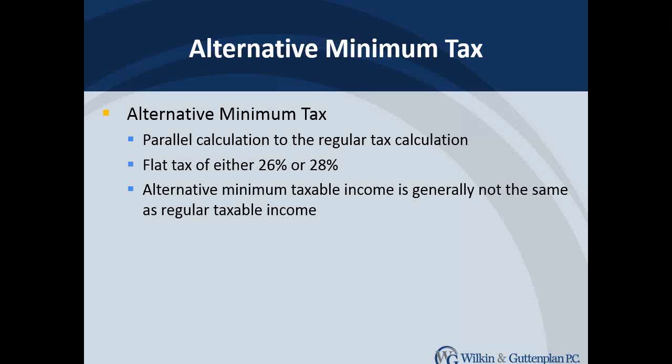The difference between AMT and regular tax is that it's either a flat 26% or 28% rate. So instead of having that graduated sliding scale, we're at a flat tax. And for purposes of the alternative minimum tax, or AMT, alternative minimum taxable income, the tax base, is often different from the regular tax base. And we'll go through an example of how that calculation actually plays out.